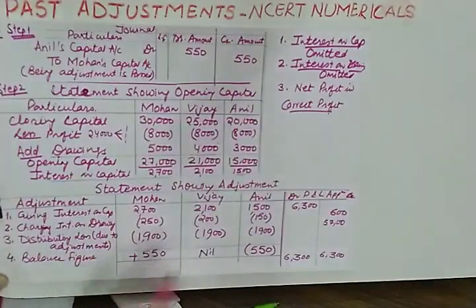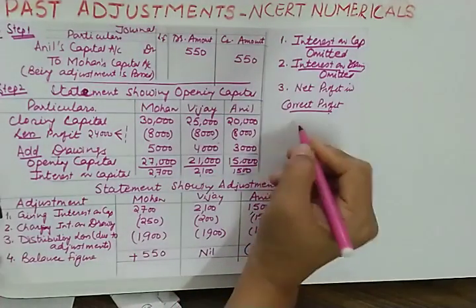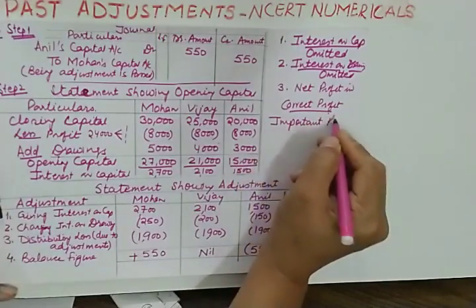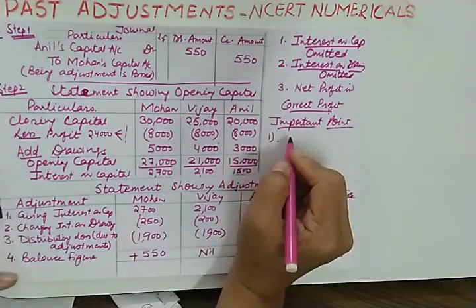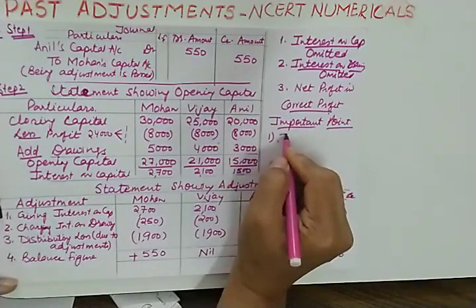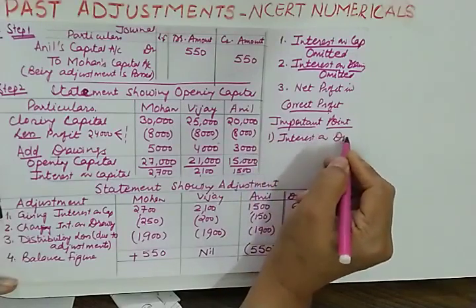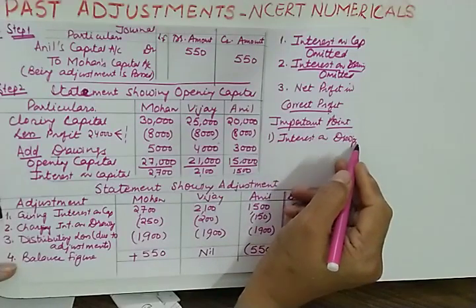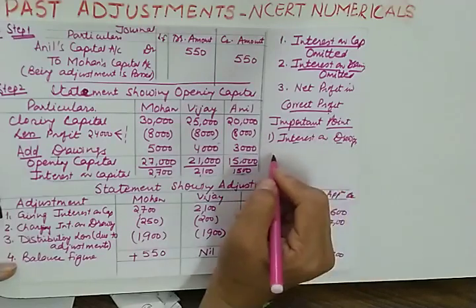So I hope various steps in this particular numerical must be clear to you. So what is the important point? Interest in this case. Important points are: number 1, interest on drawing is given in rupees. So interest on drawing, you don't have to calculate, even if it is given in percentage, along with rupees you will take the amount of interest on drawing.